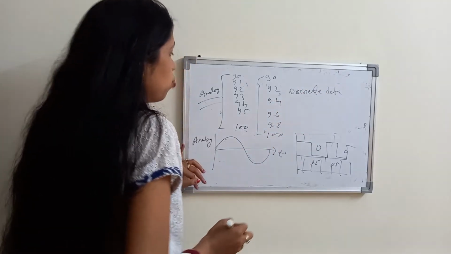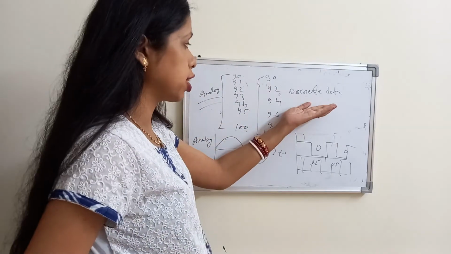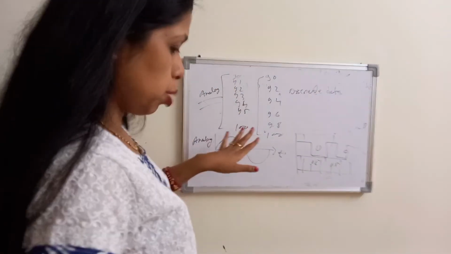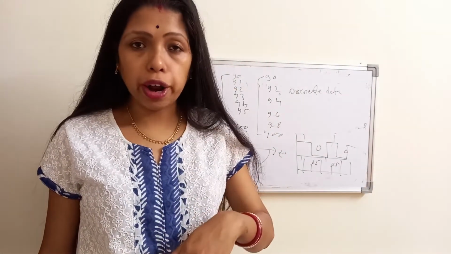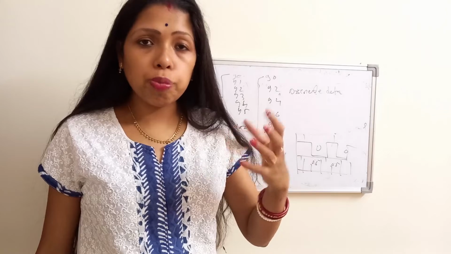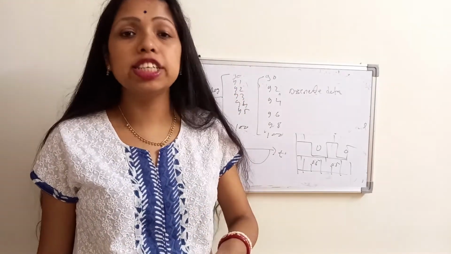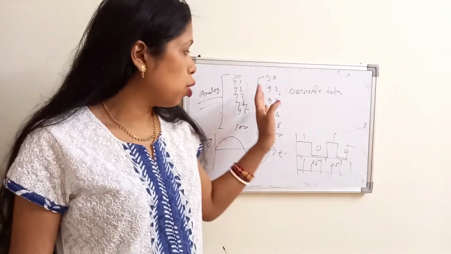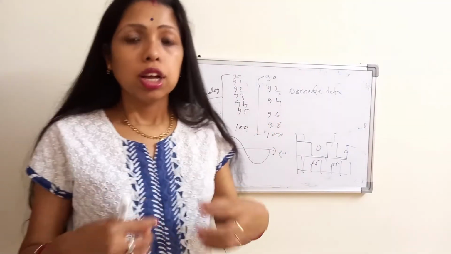Discrete data means from the analog data you are taking some samples. Suppose a temperature sensor is continuously taking values at each and every point; this is the analog value. But when we send this information to the digital system, we just sample some information from this analog information.